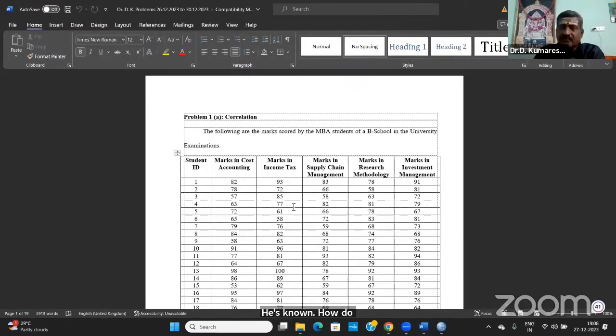Value of one variable is known, and the value of another variable is unknown.